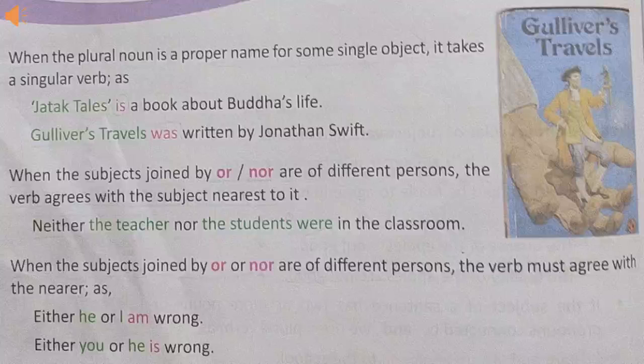When subjects are joined by or, nor, then the verb agrees with the subject nearest to it and generally the plural subject is placed nearest the verb. For example, neither the teacher nor the students were in the classroom.